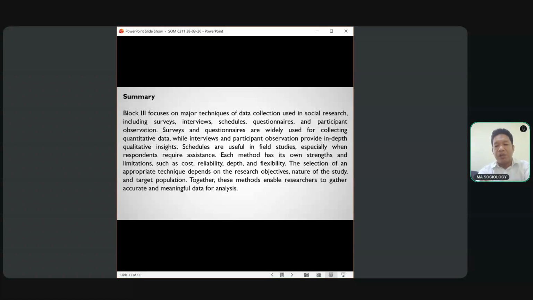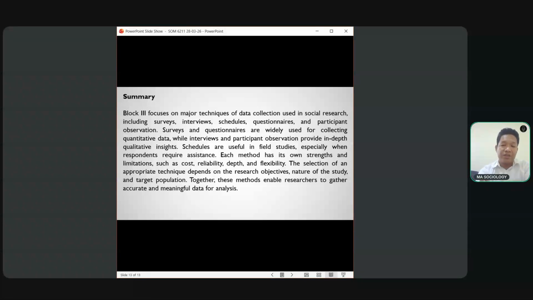Schedules are useful in field studies, especially when respondents require assistance. Each method has its own strengths and limitations, such as cost, reliability, depth, and flexibility. The selection of an appropriate technique depends on the research objectives, nature of the study, and target population. Together, these methods enable researchers to gather accurate and meaningful data for analysis.